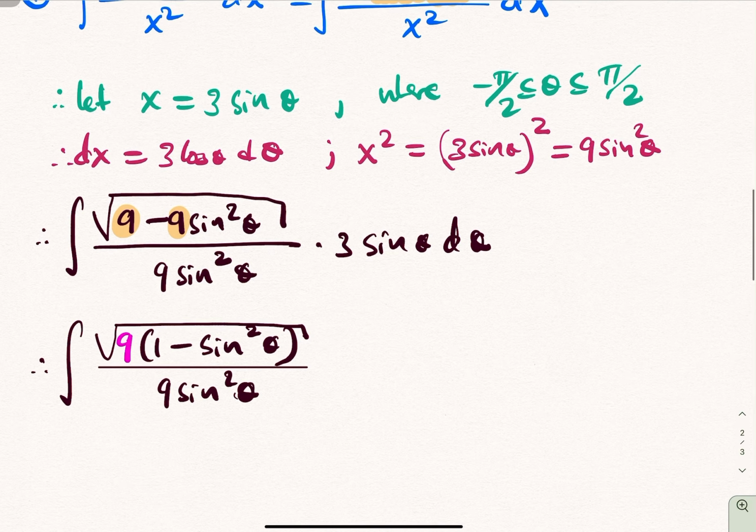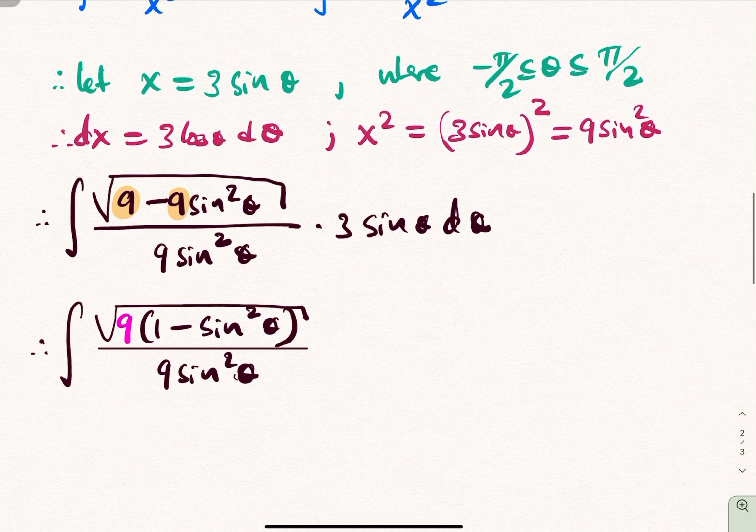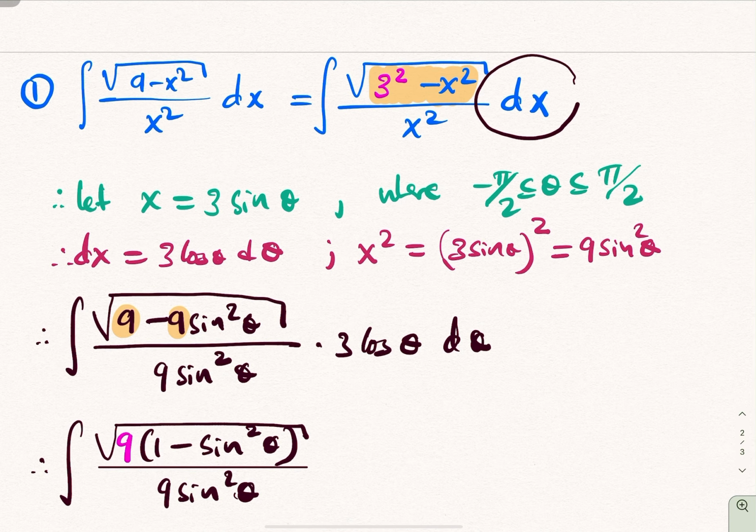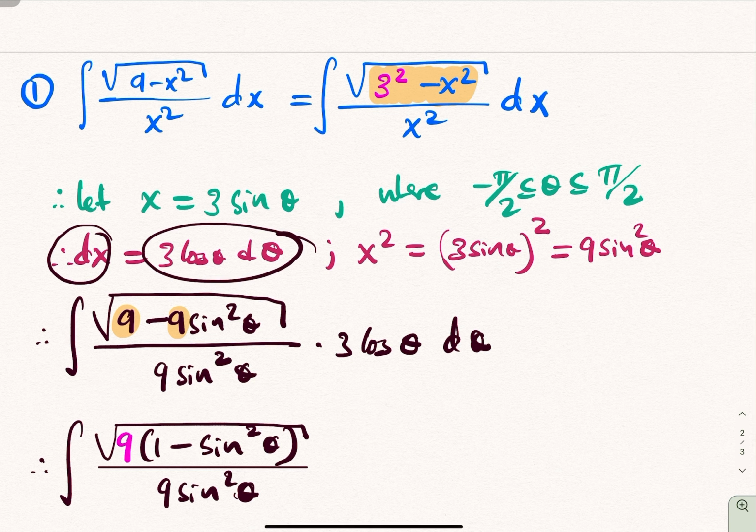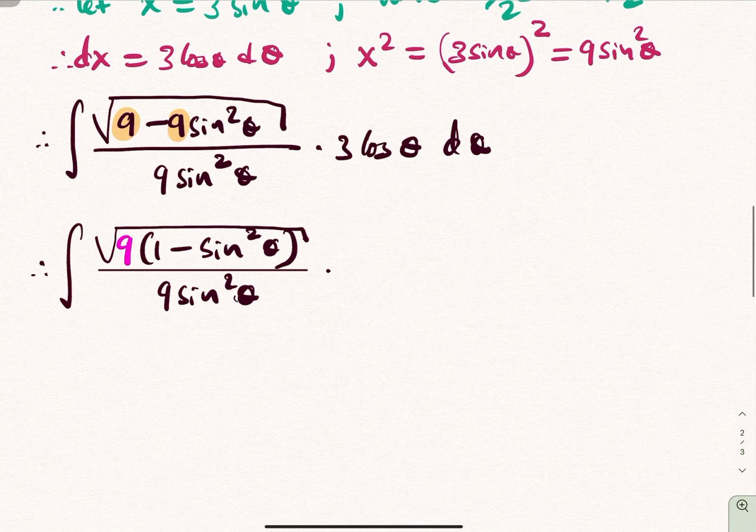My dx is basically this one, so I need to put a cos here. I need to be very careful. This is going to be cos of theta for dx. Remember, I have to plug that in. Sorry about that mistake. We have 3 cos of theta d theta.